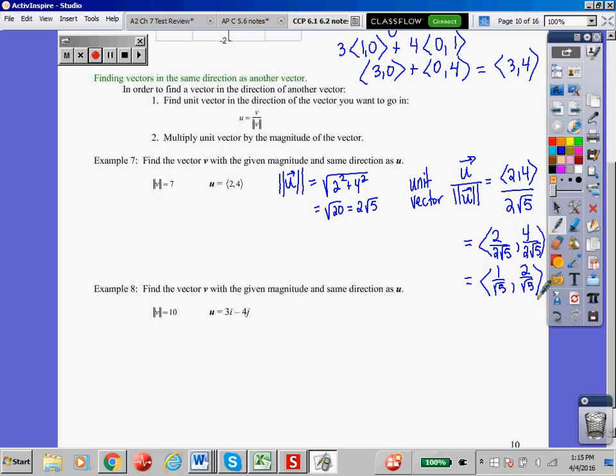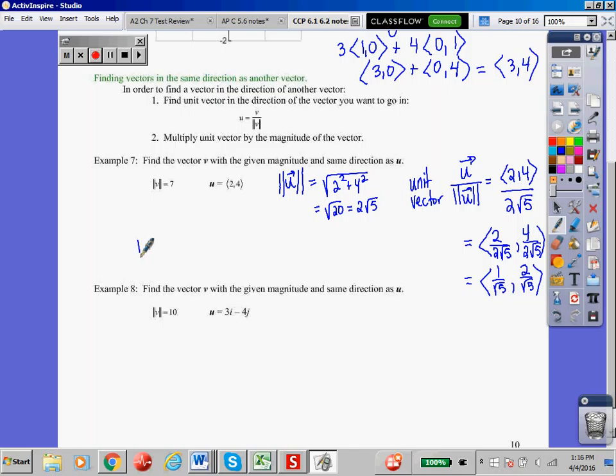So again, let me read this. You might be going like, what? What's she doing? It says you find the unit vector in the direction of the vector you want to go in. We want to go in the same direction as u. So we're taking u over the magnitude of u, and that's this. Step 2 is multiply the unit vector by the magnitude of v.